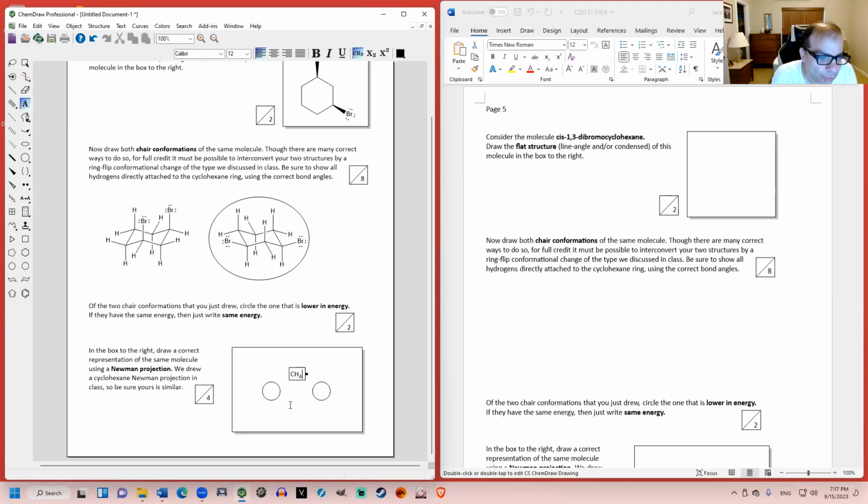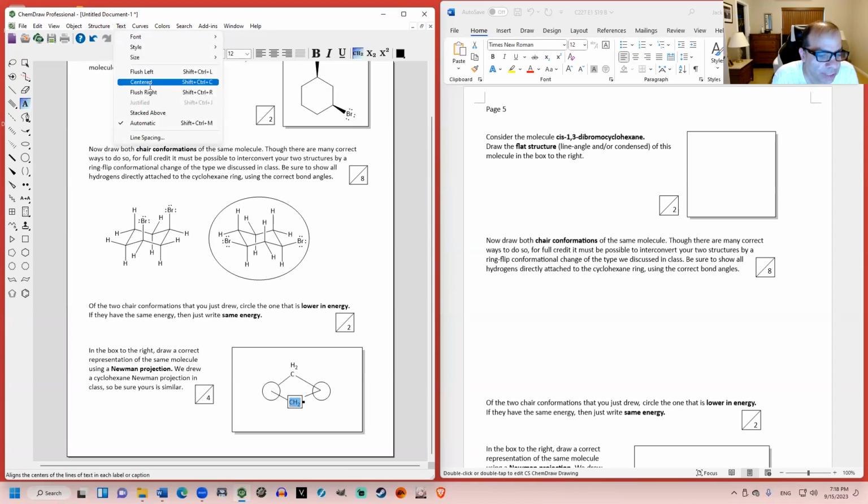There's a reason I'm putting CH4 here that will become evident eventually. That looks really funky, but I might be able to change that.